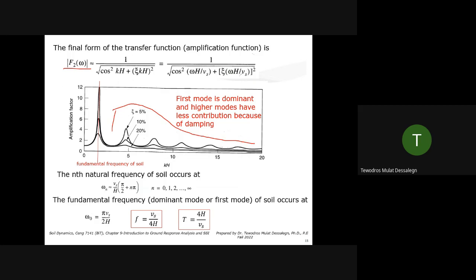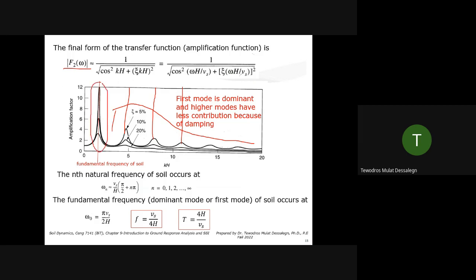When we considered the no damping case, they were equally high, like they were trying to go to infinity. But no damping is unrealistic. Soil has damping, you know that. But when we are more realistic, you see how it changes? Only the first mode is significant.